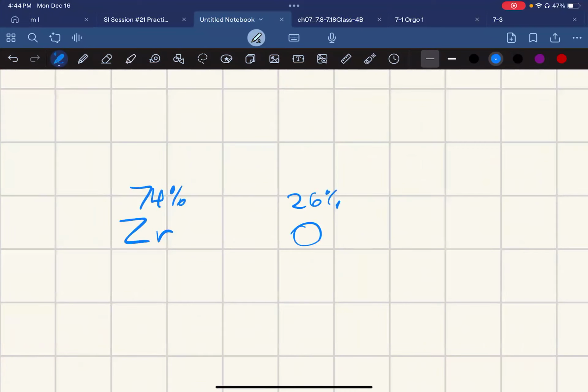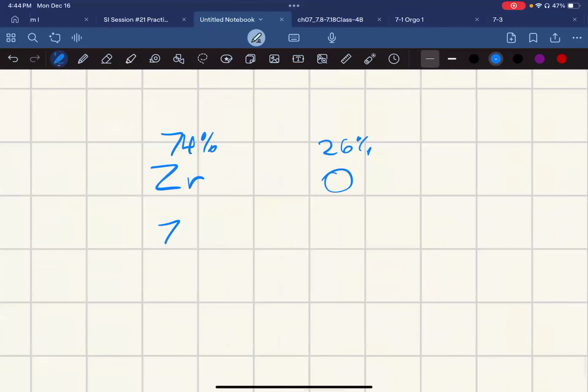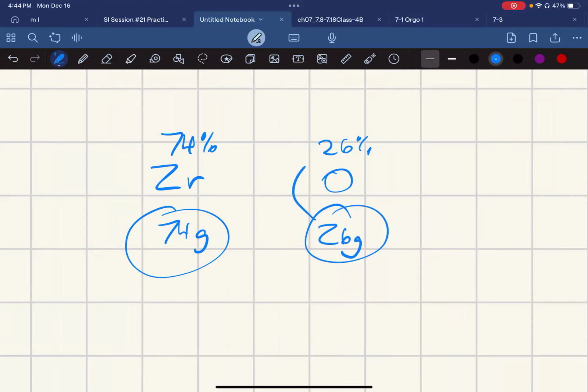How do I know that? Because if it's just zirconium and oxygen, 100 minus 74 has to be 26. Now you want to convert these values to grams. If this was 100 grams in total, this would be 74 grams and this would be 26 grams to represent the percentages.